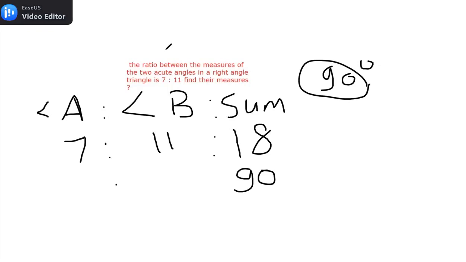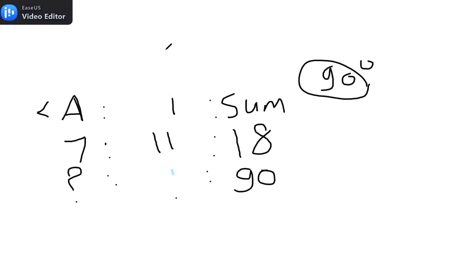So now what we are looking for is the measure of angle A and the measure of angle B. Now let me clear anything related to angle B for now to see where is my cross multiplication.